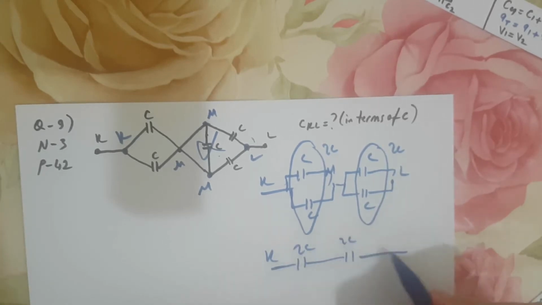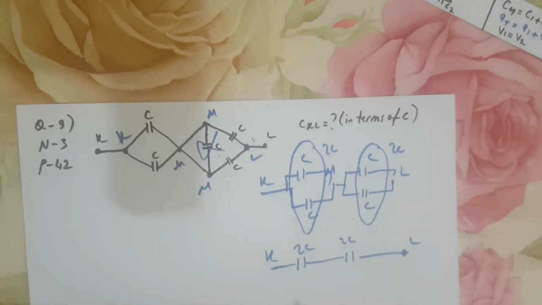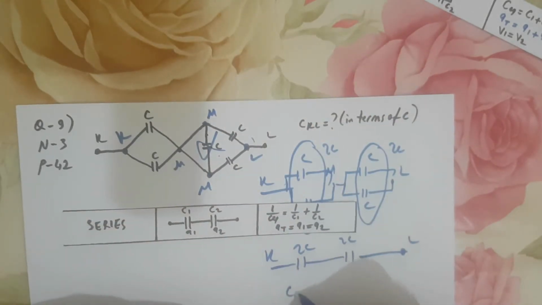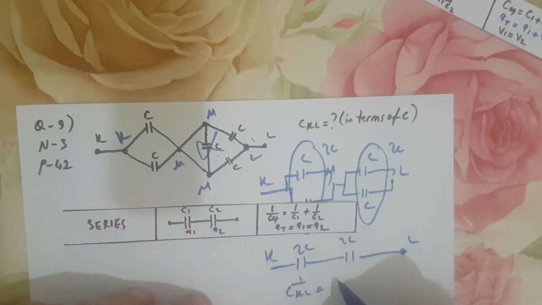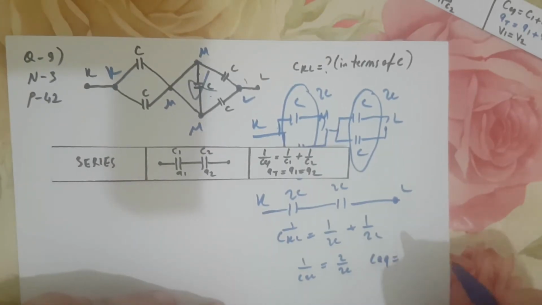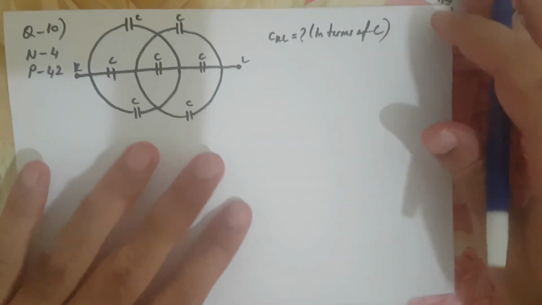So 2C and then 2C is the series combination. We have to add them. 1 over CKL is equal to 1 over 2C plus 1 over 2C. So it is 2 over 2C. So the C equivalent becomes C. Okay. So let's look at the next question again.